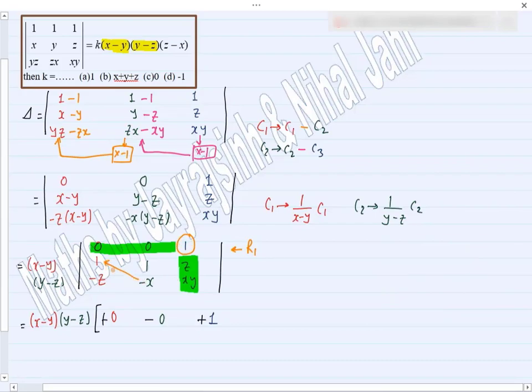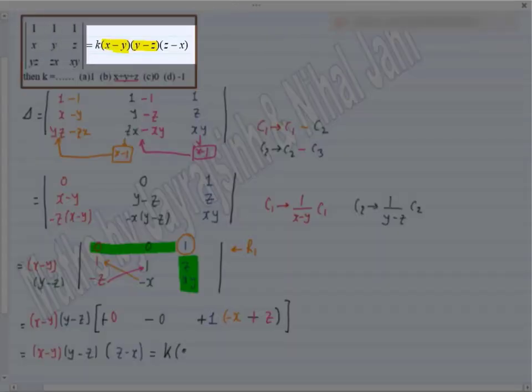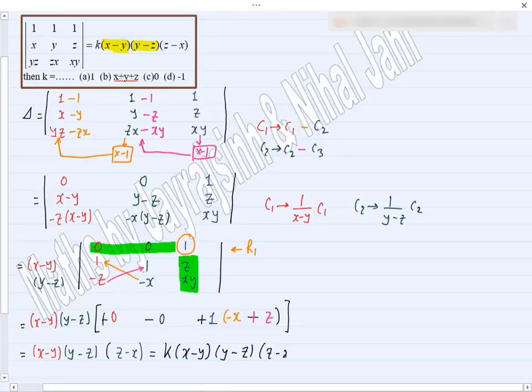Multiply minus x with 1 plus minus x, minus minus z with 1 plus z. So finally x minus y will be as it is, y minus z will be as it is, and here we'll get z minus x. And we have to compare this with our right hand side. So here we will get k is equal to 1. Ta-da! Option A is your final answer.